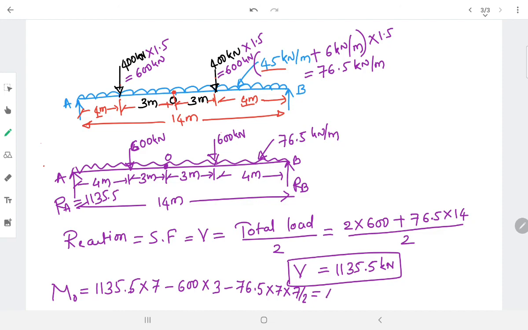Calculate this, you will get bending moment at point O, that is 4274.25. Just check the value. This is bending moment in the midspan.